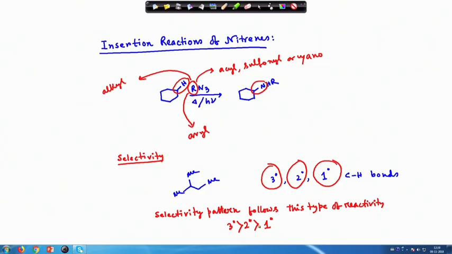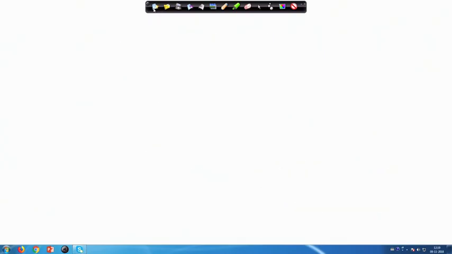And when we look at the nature of these nitrenes, there are two types possible. One is called singlet, another is called triplet. In the case of singlet nitrenes, they insert into these carbon hydrogen bonds.